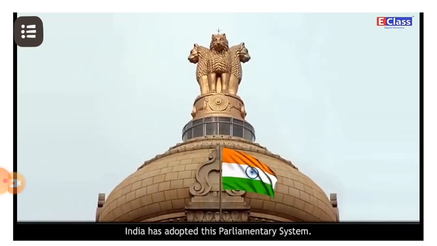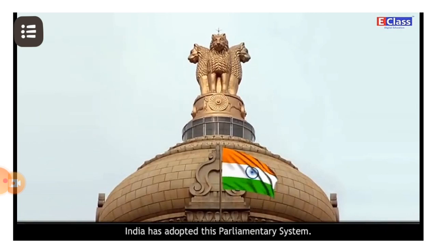India has adopted this parliamentary system. We can see some broad similarities in the parliamentary system of England and the parliamentary system of India. But when we look at an institutional level, the Indian parliamentary system is different in its content.